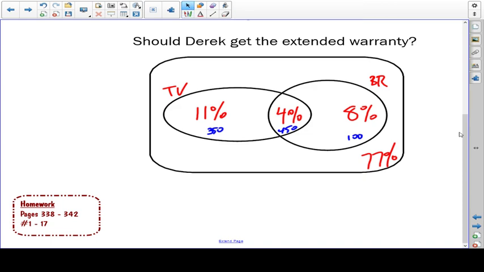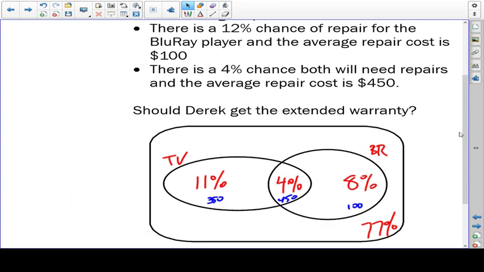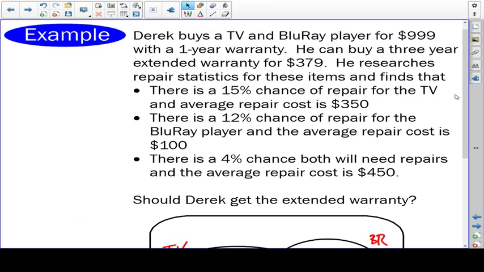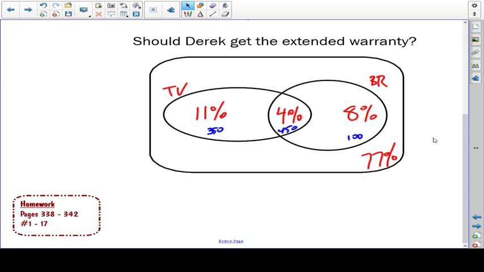So the interesting thing to keep in mind here is this: the repair costs are relatively low because the warranty cost is $379. So the only time the repair cost is more than the actual warranty cost is if both of those things die on you.